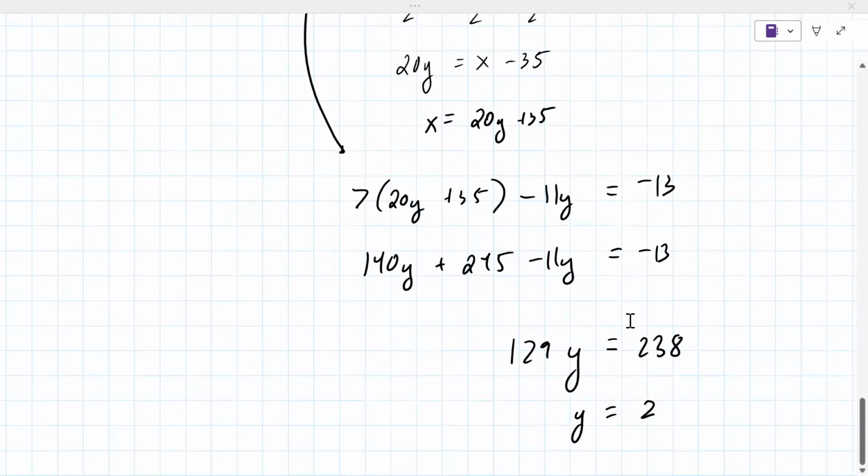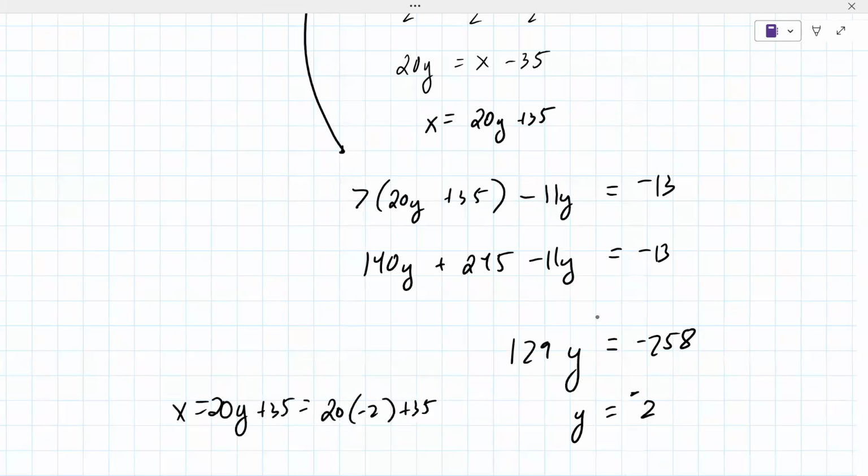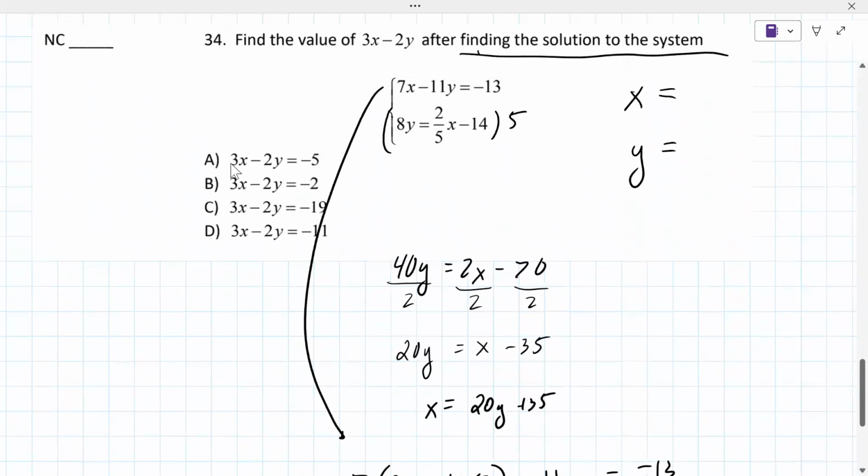Oh, sorry, it's negative. Sorry, it's -2. That's more consistent. And then x is 20y plus 35, so 20 times -2 plus 35, negative 40 plus 35, which is -5. Then you can go back to 3 times x, 3 times -5, which is negative 15, minus 2 times -2, which is minus negative 4, which becomes plus 4.